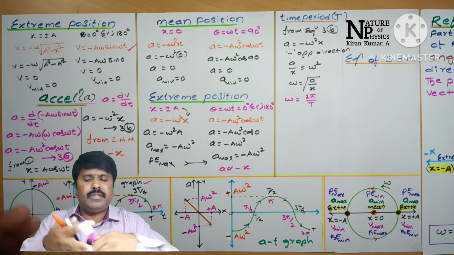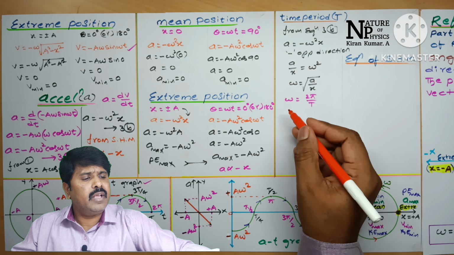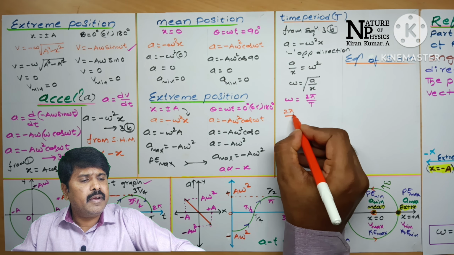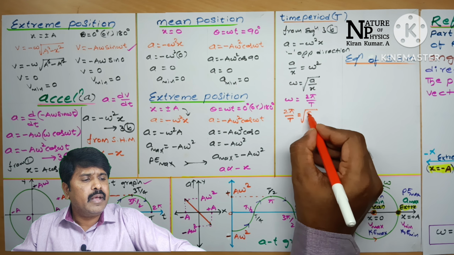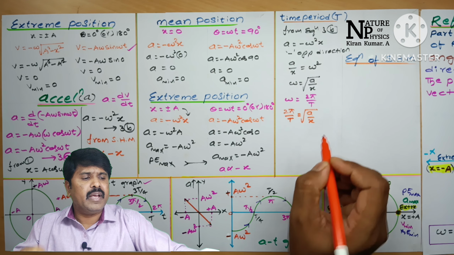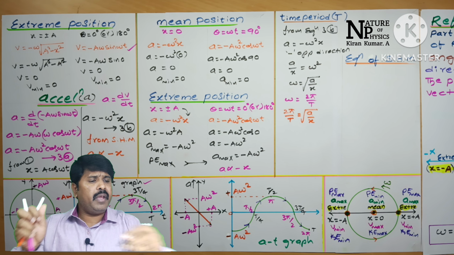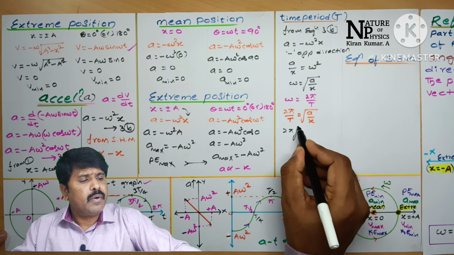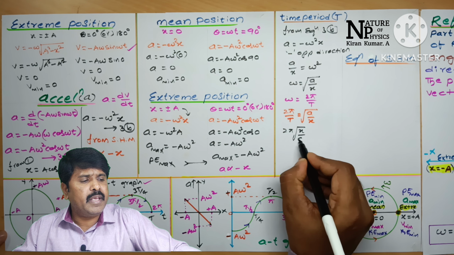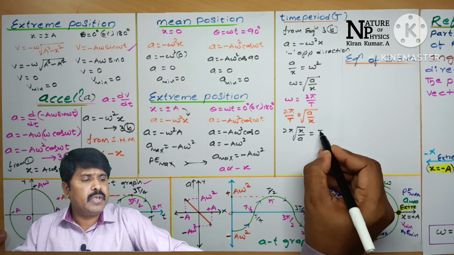Okay, so that continuation equation there, 2 pi by t which is equal to root over a divided by x. Okay, and cross multiplication, 2 pi root over x divided by a, which is equal to t.